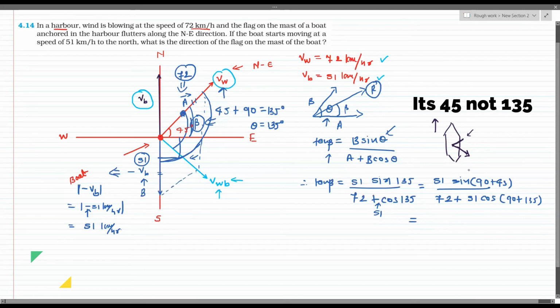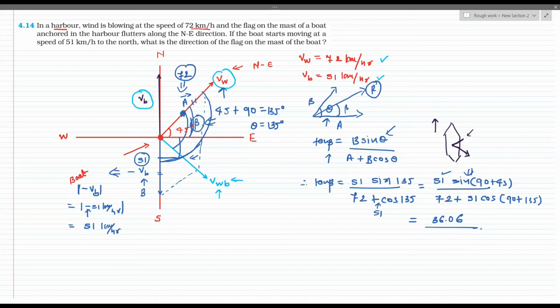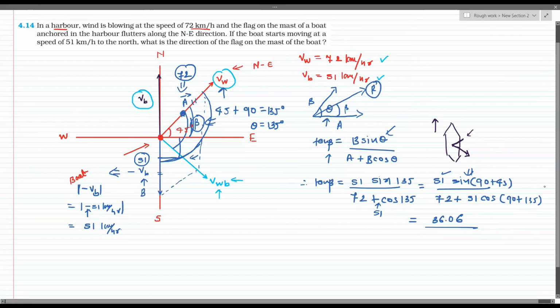If I multiply it out, I get the numerator as 36.06, and the denominator 72 plus 51 into cos 135 comes to 35.93.